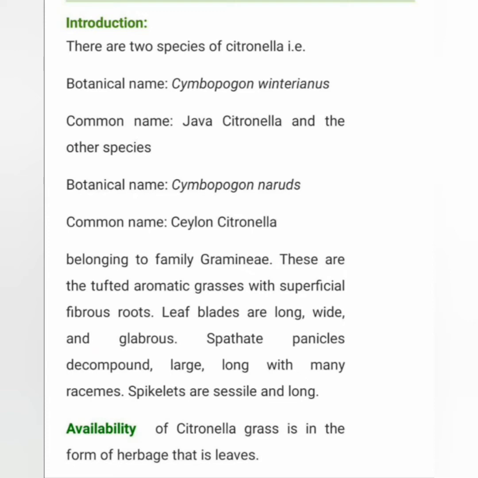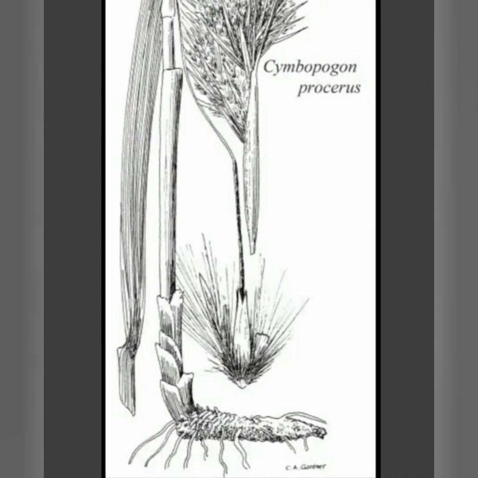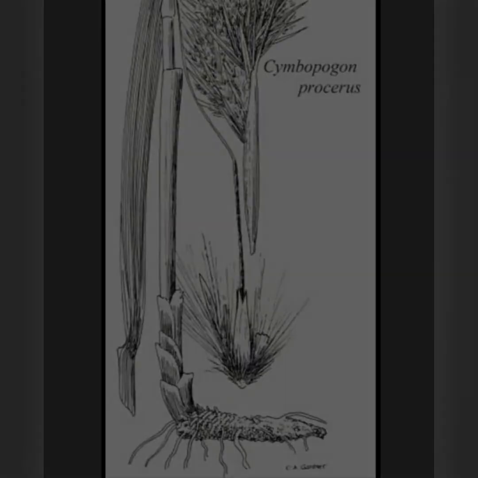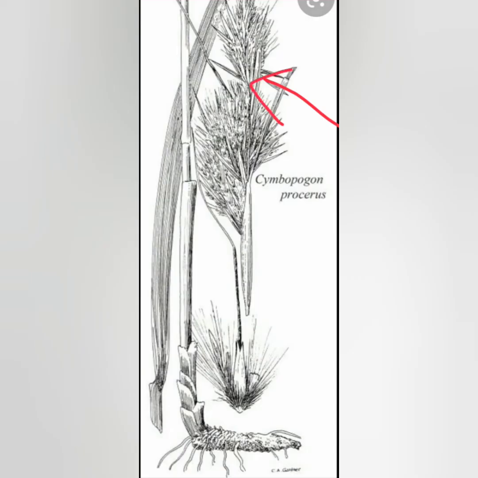They are large, long, with many racemes, that is short shoots bearing flowers, and the spikelets also are sessile, meaning they don't have a stalk, and they are long. So the spikelets here in this diagram, you can see, are sessile, that is they attach directly, they are not connected to a stalk.